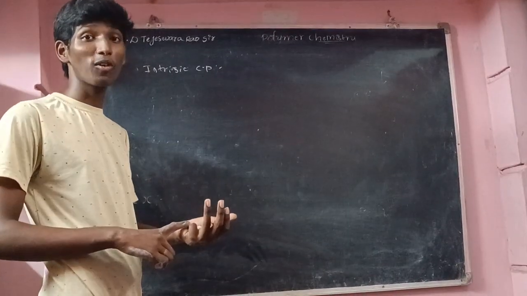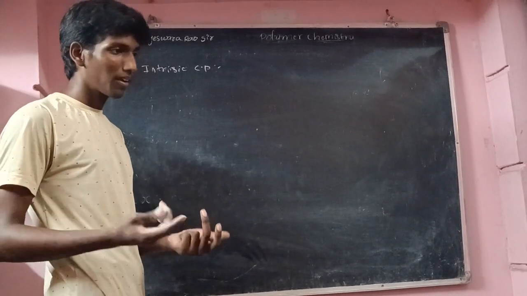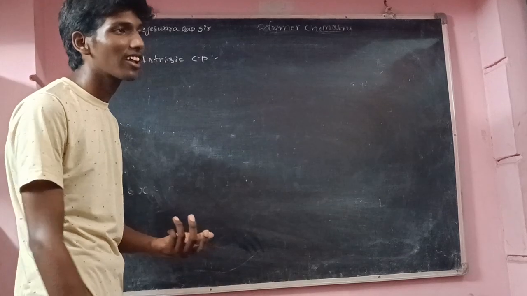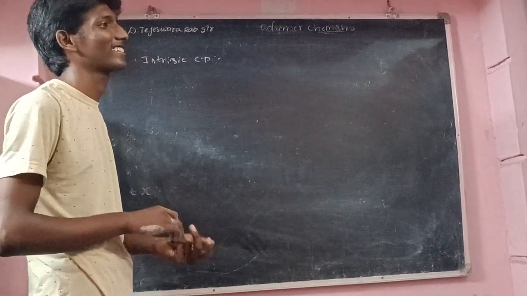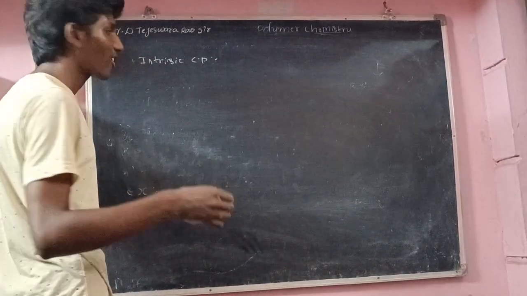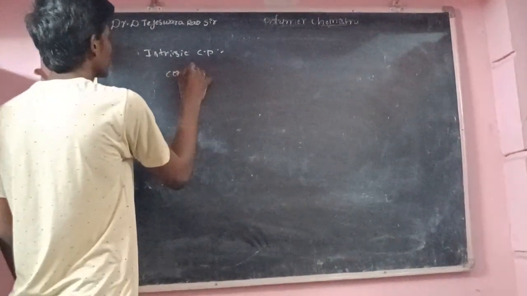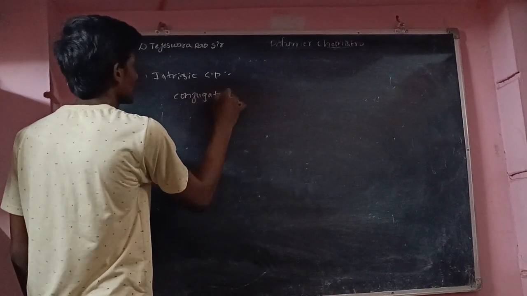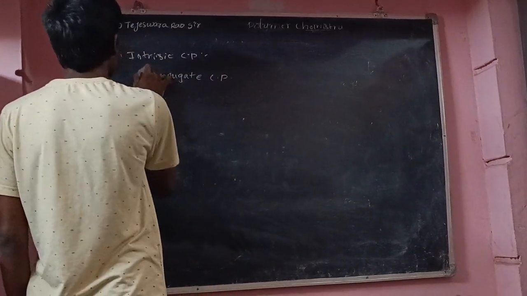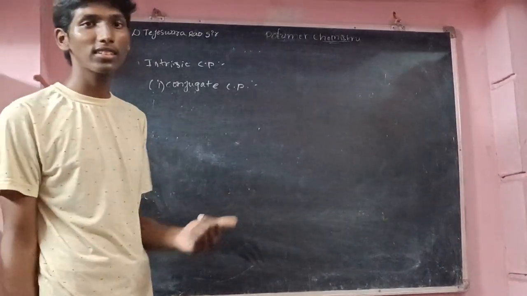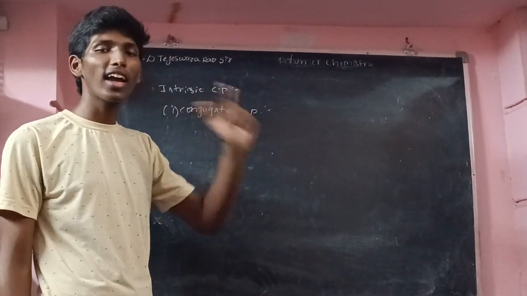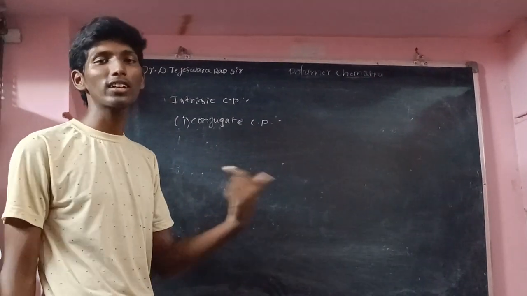Okay, conjugated conducting polymers. In conjugated conducting polymers, it has conjugated pi electrons, which are responsible for conductance.